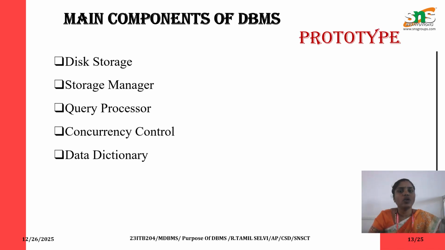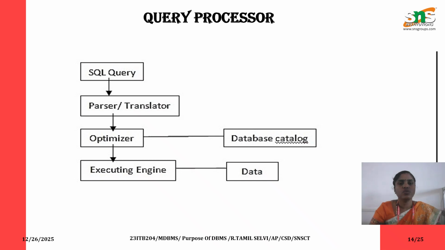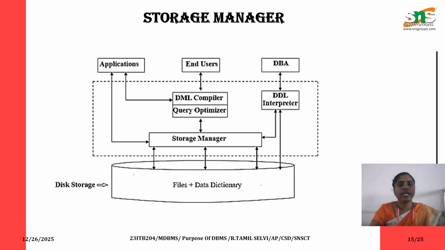Now let's see the main components of DBMS architecture: disk storage, storage manager, query processor, concurrency control and data dictionary. The first one is the query processor, that interprets the SQL queries, optimizes the queries and executes the queries efficiently. Next one, storage manager.